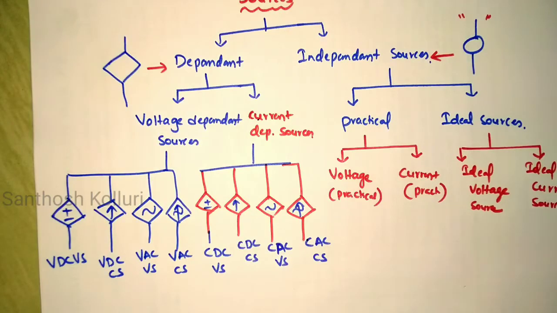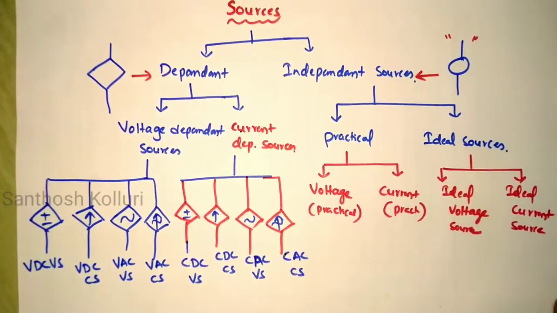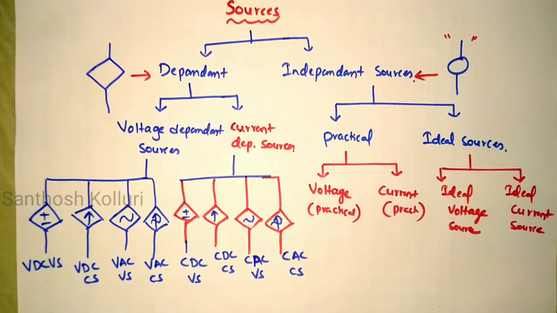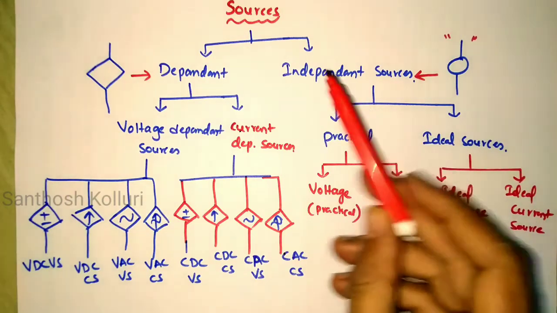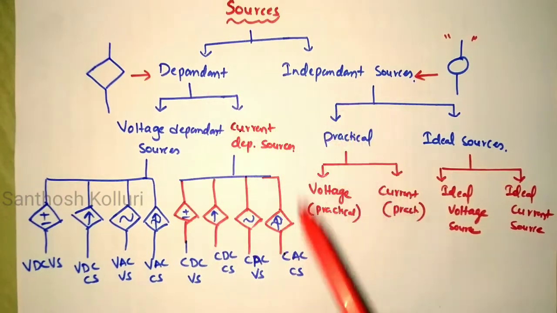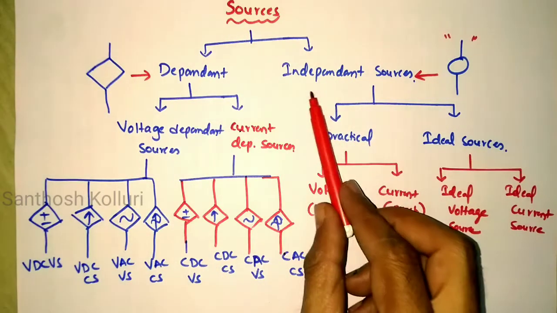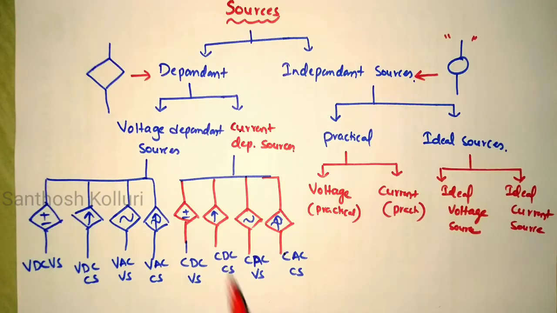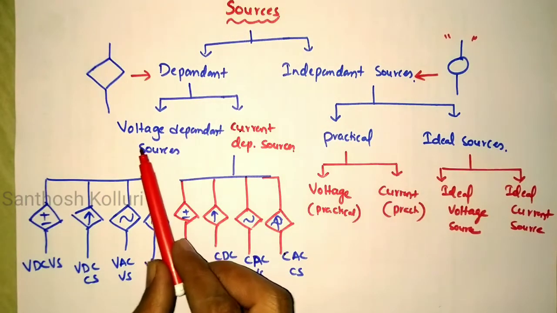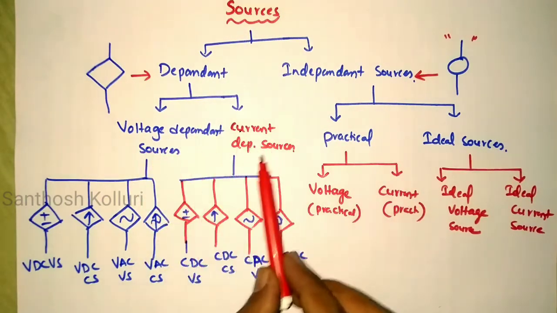So we have these many sources in electrical circuits. First, dependent sources and independent sources. Dependent sources are represented with the rhombus and independent sources with the circle. In the dependent sources we have two types: voltage dependent sources and current dependent sources.